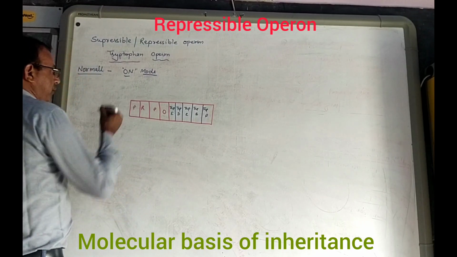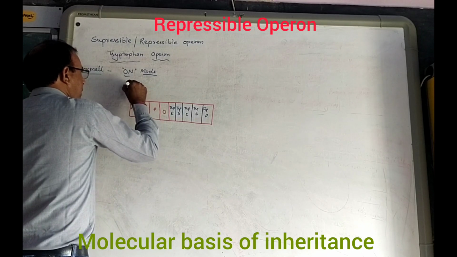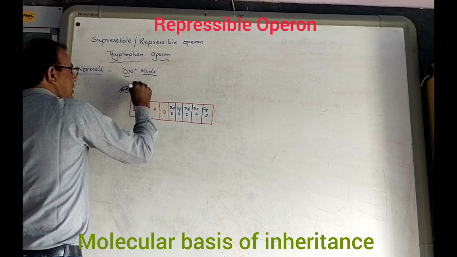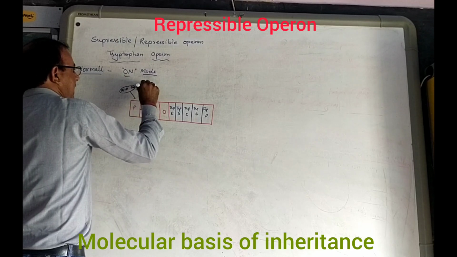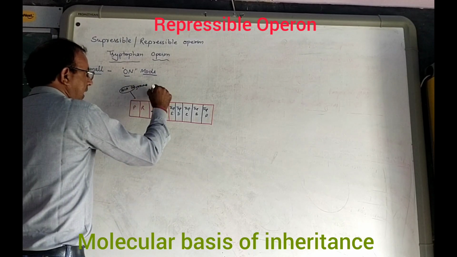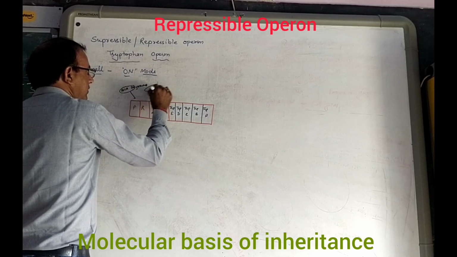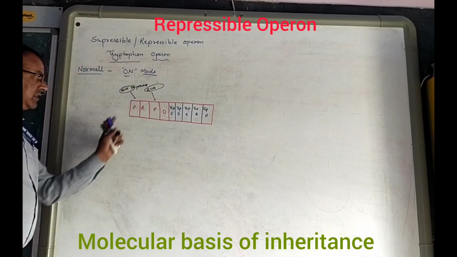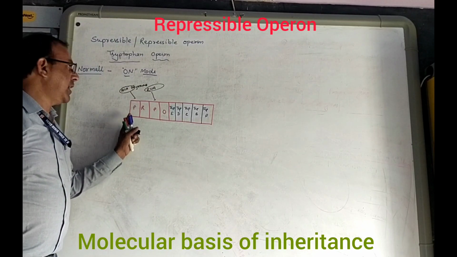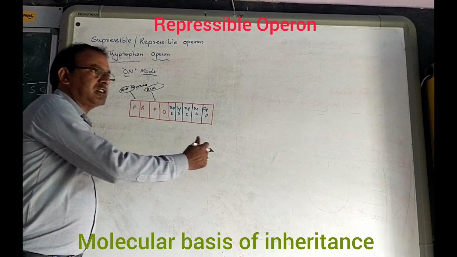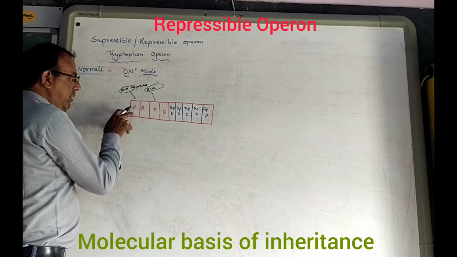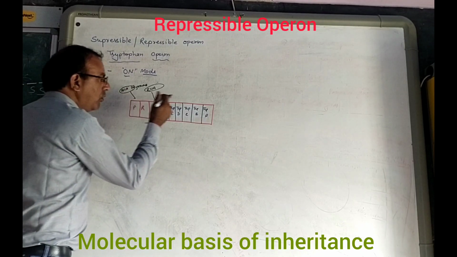RNA polymerase first of all attaches to the promoter. One RNA polymerase attaches with the promoter, this one, and another one here. As the promoter gains RNA polymerase, the process starts. It means the RNA polymerase slides from this gene to another.